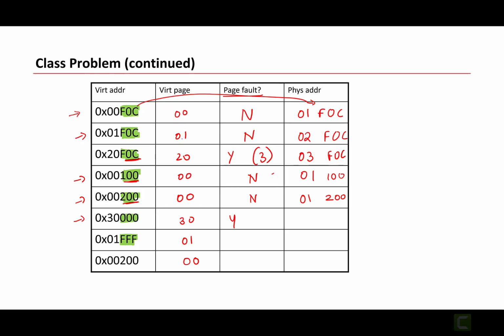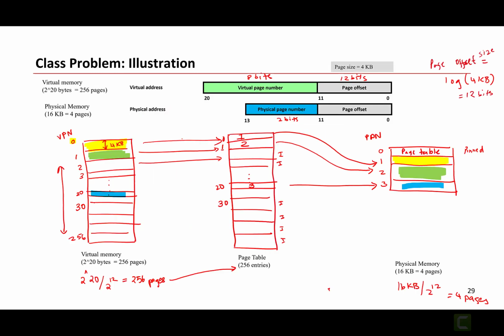So you should be keeping track of the LRU rank to figure this out. And so now I know that 1 is the least recently used, so I'm going to free up this page. I'm going to now allocate this page to the address 30.